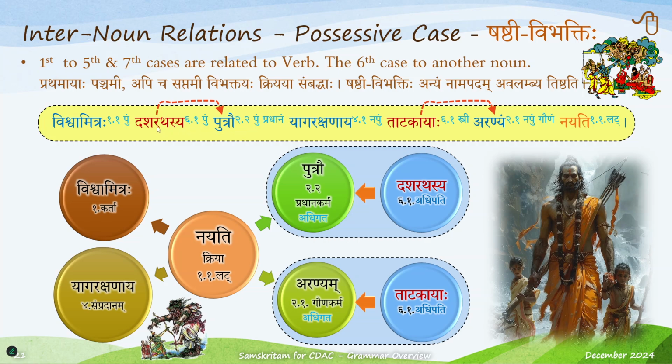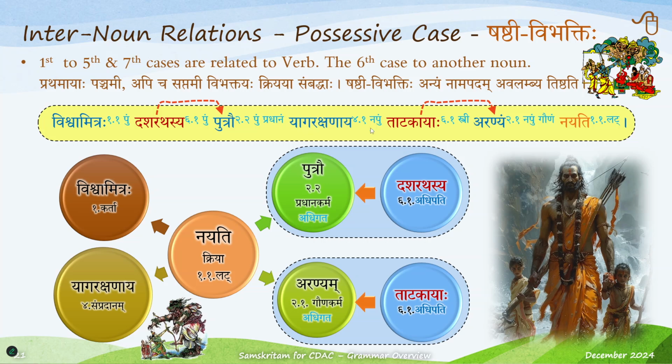The shashti word is in shashti, but the karma word is in dvitiya vibhakti. Vishwamitra is the karta for the ni dhatu, the nayana kriya. Karma is putrau, and the destination is aranyam, so it is dvikarmaka.